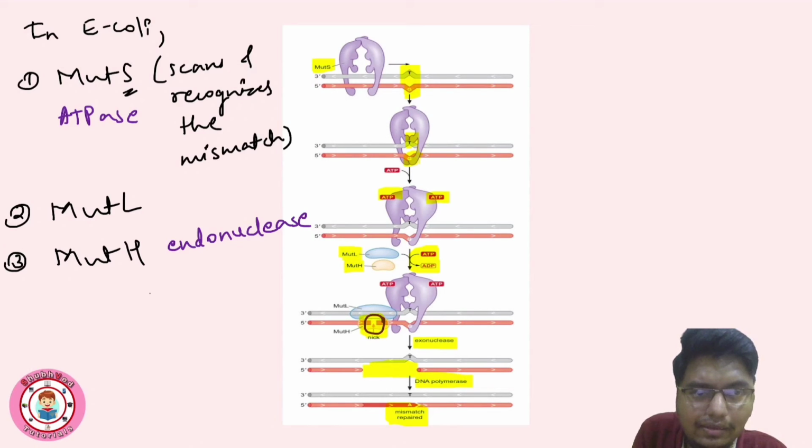And then comes exonuclease. So these three are the important proteins, basically Mut proteins, for the mismatch. Mismatch is one type of mutation, and this is corrected by these Mut proteins, MutS, MutL, and MutH. Basically, this comes in the mismatch repair.